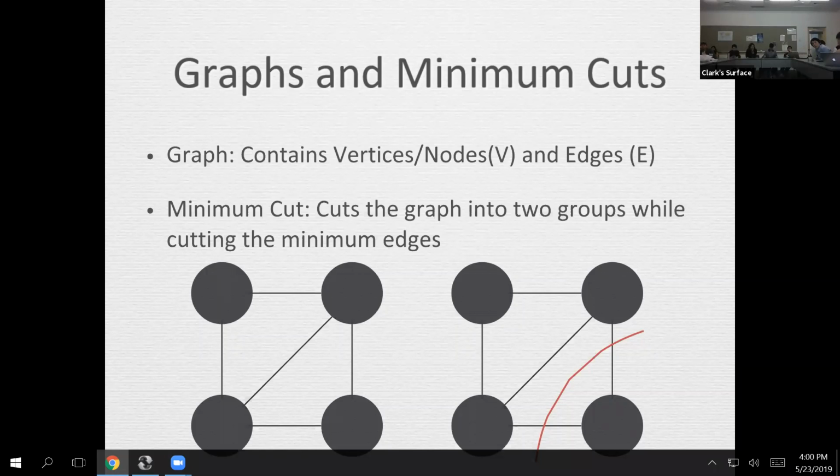So just like you learned in software testing class, when you want to find a minimum cut of a graph, you'll find that there's a cut that divides the graph into two groups, but cutting the minimum edges. For example, in this graph, you've got a minimum cut here of 2. You also got 1 here.